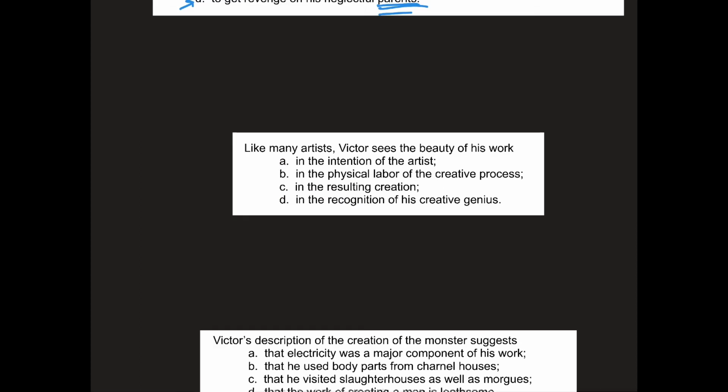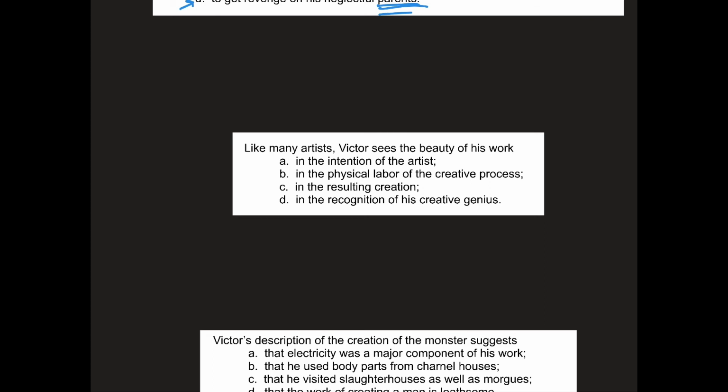All right, so let's look at this next question. This was something that was talked about in class, definitely in class. Like many artists, Victor sees the beauty of his work, A, in the intention of the artist, B, in the physical labor of the creative process, C, in the resulting creation, or D, in the recognition of his creative genius.